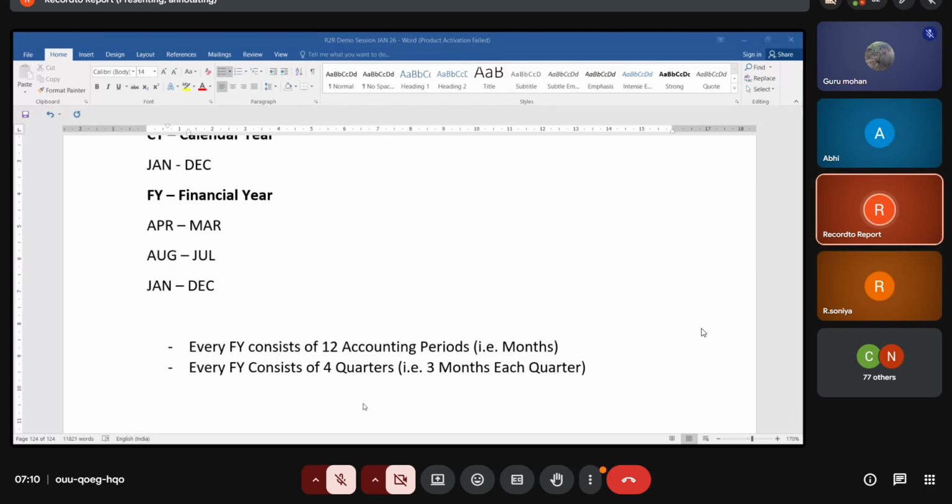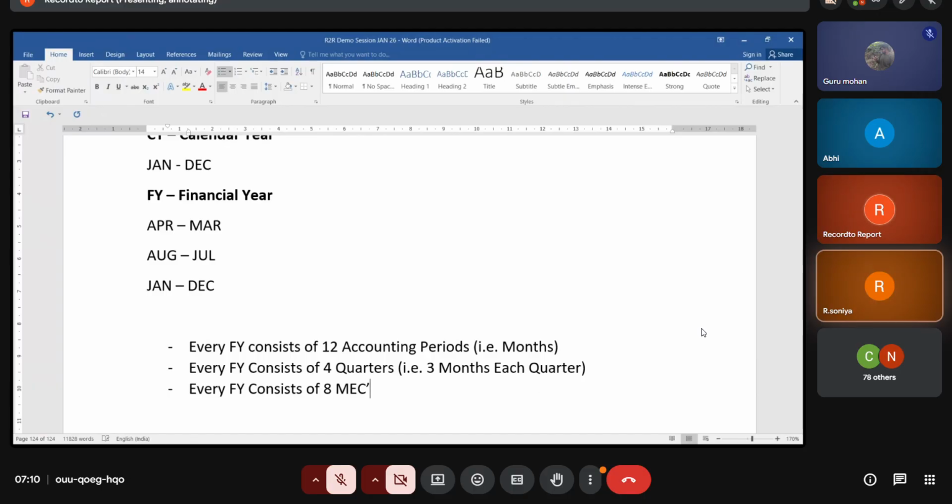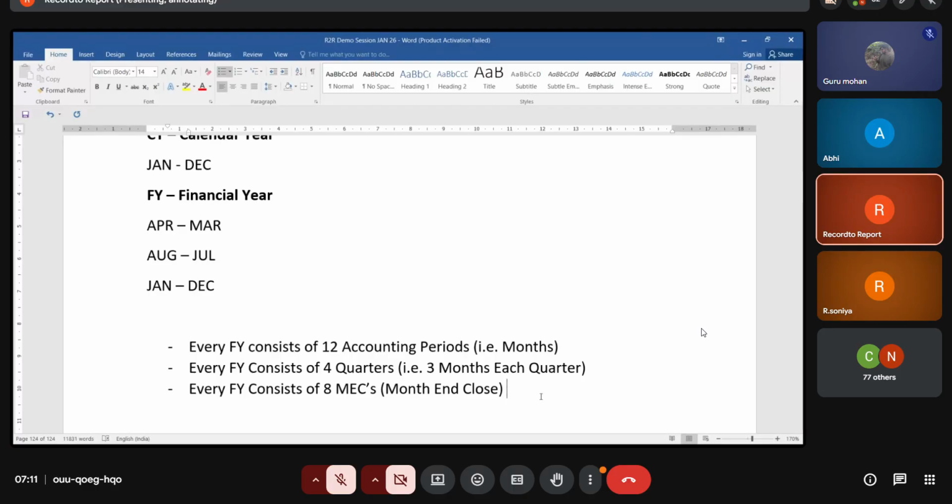Okay. And in real time, the managers ask, what is your MEC? Every financial year consists of 8 MECs. What is meant by MEC? Month end close.